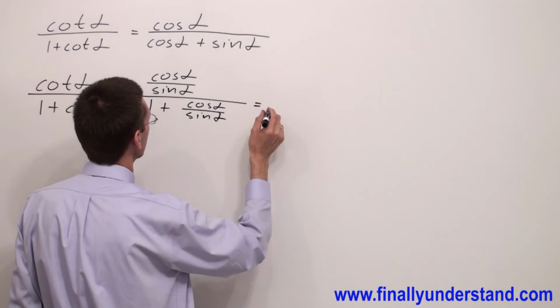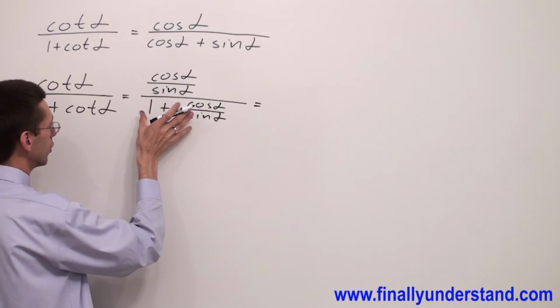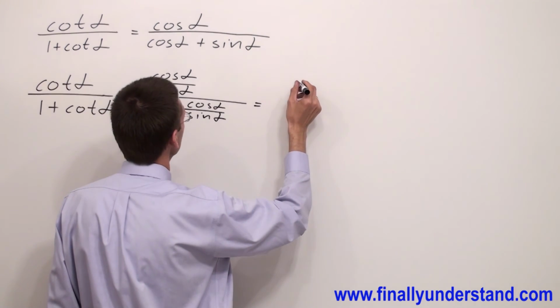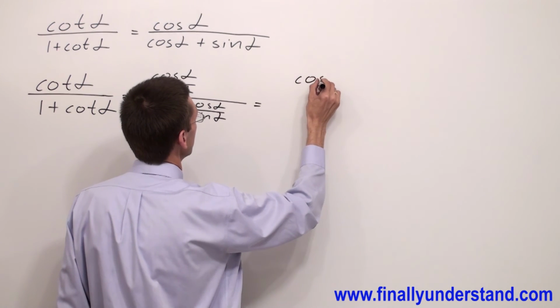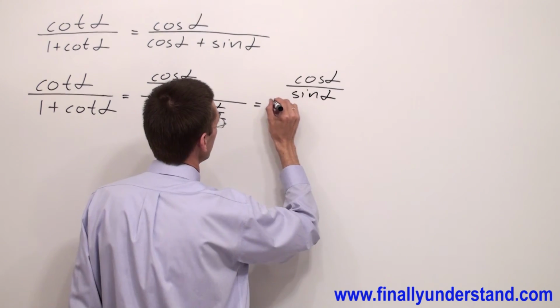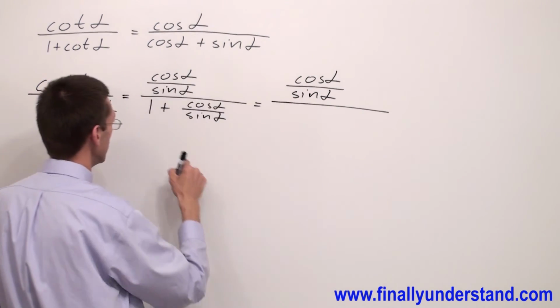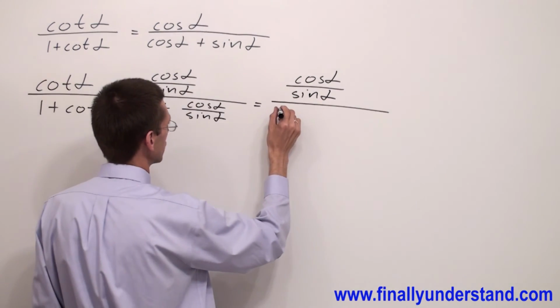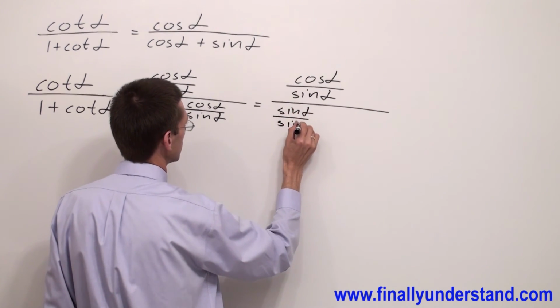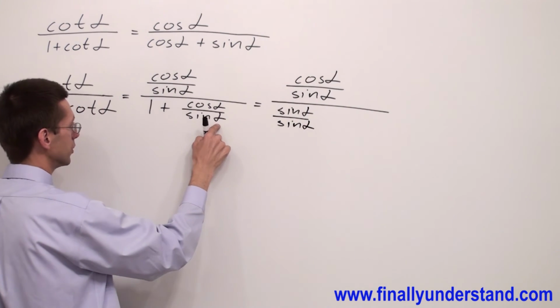This is equal. I'm going to organize the denominator first. So let me copy down the numerator. I have cosine alpha over sine alpha over, and because I have 1, I'm supposed to write simply sine alpha over sine alpha, because my denominator is sine alpha.